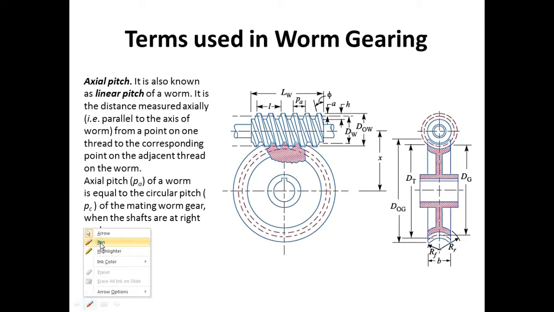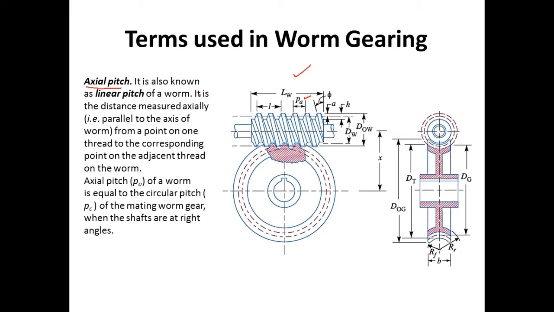So first we will discuss the axial pitch. Now here if we analyze this figure, then PA is the axial pitch. So basically it is the distance from a point to another point on adjacent teeth.